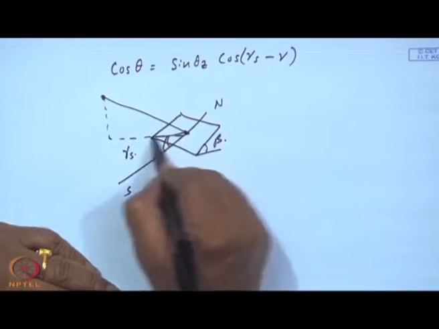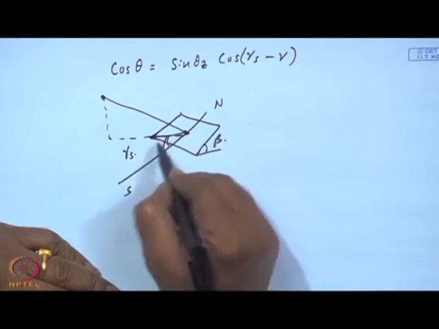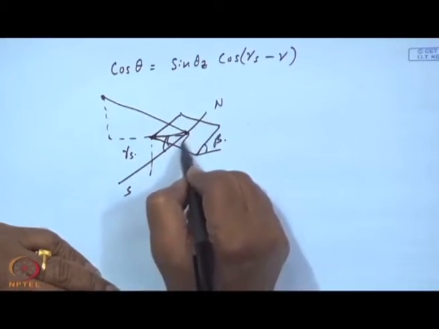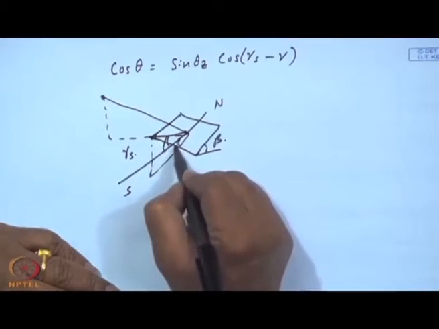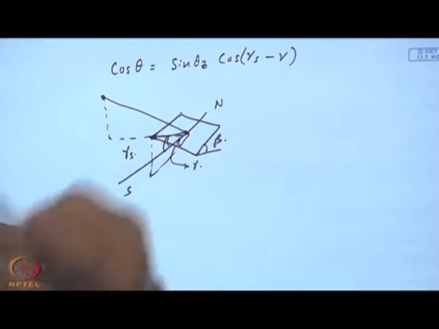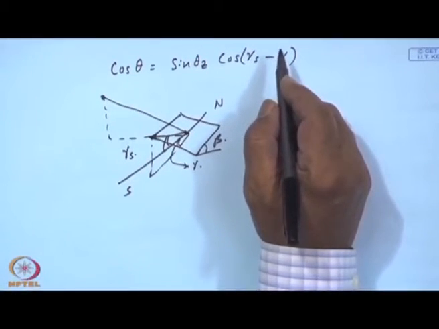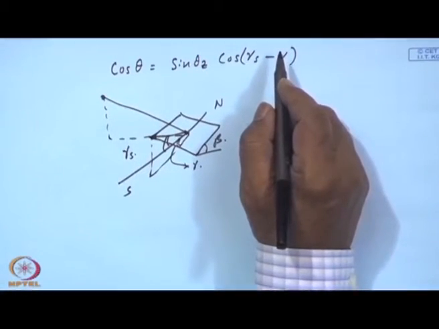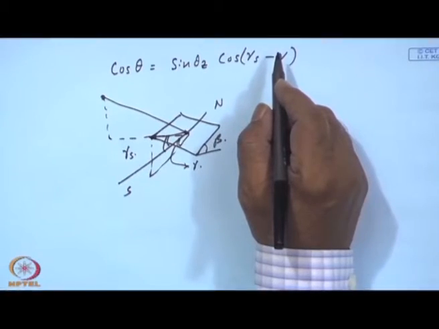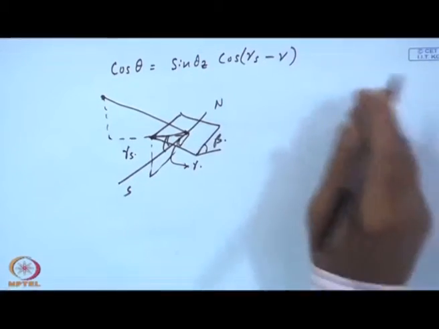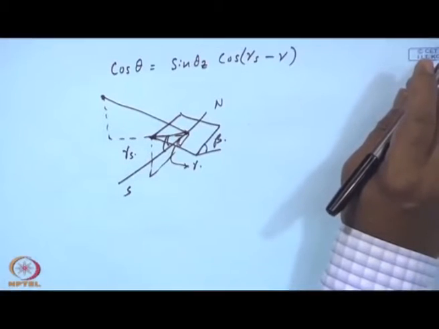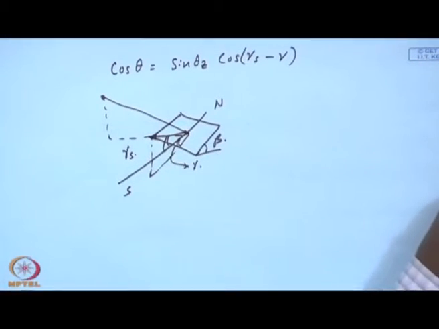Whereas we had taken the outer projection of the surface, and this we defined as gamma. The same picture is shown over here, where it looks like alpha A, but that should be gamma. Okay, it is gamma_s, that is the sun's azimuthal angle.